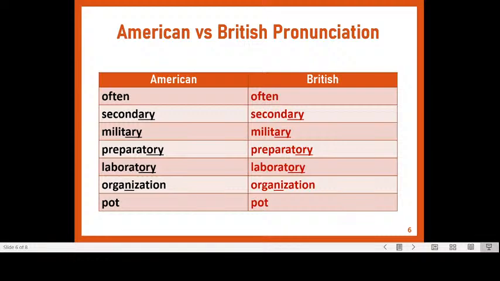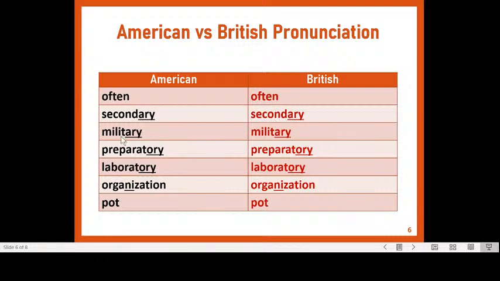Okay, in American English, people say often, but in British English, often. In American English, words that end with "ry", not every single word, but many of them, they would say secondary when it's a suffix. In British English, they say secondary.